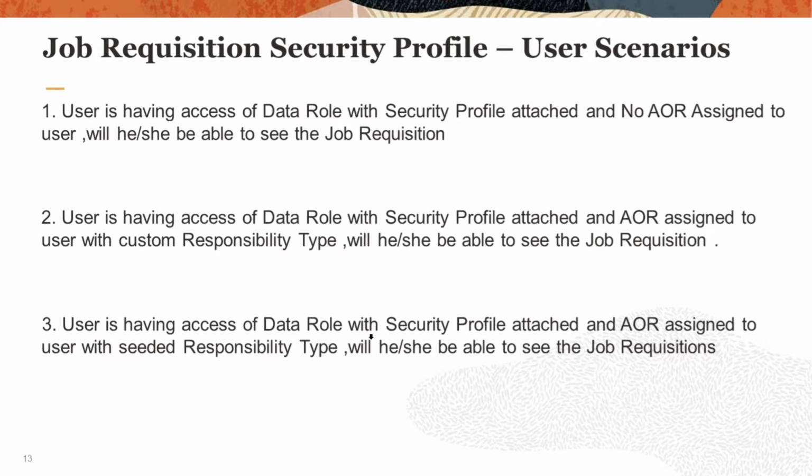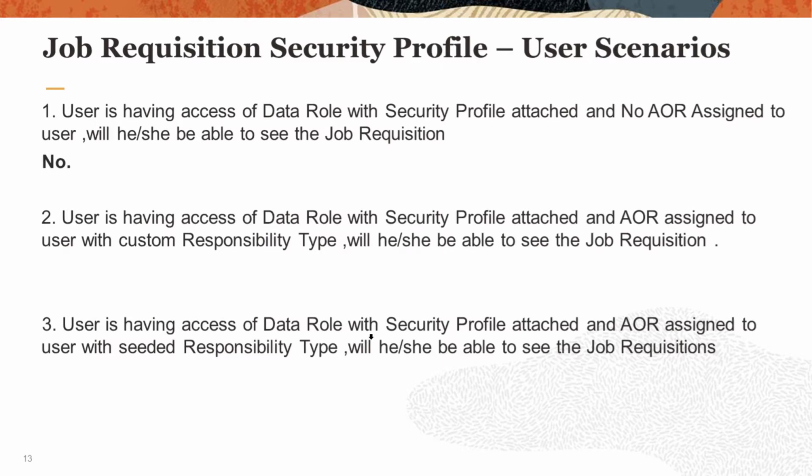Next, we shall have a look at the different scenarios which we can face in the job requisition security profile. First, if the user has access to the data role with the security profile attached and no AOR is assigned to the user, then he or she will not be able to see the job requisition.